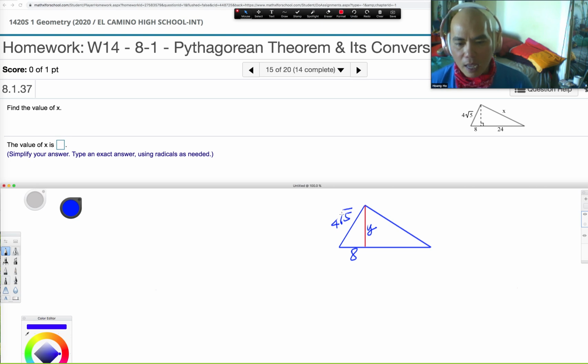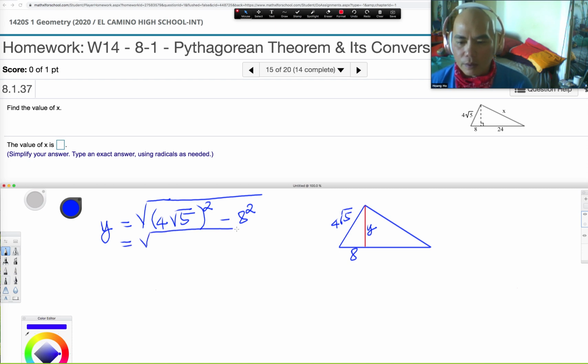As you see, the height happens to be a leg. So y should be equal to the square root of the hypotenuse squared minus 8 squared. The hypotenuse happens to be 4 square root of 5, and I square it. 4 squared is 16, and the square root of 5 squared is only 5.